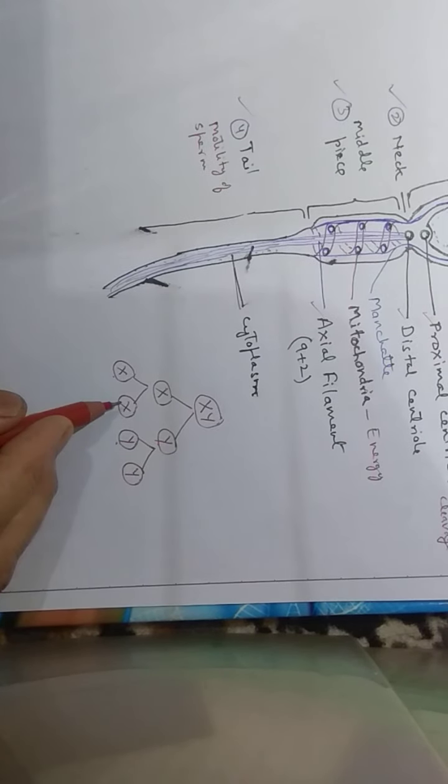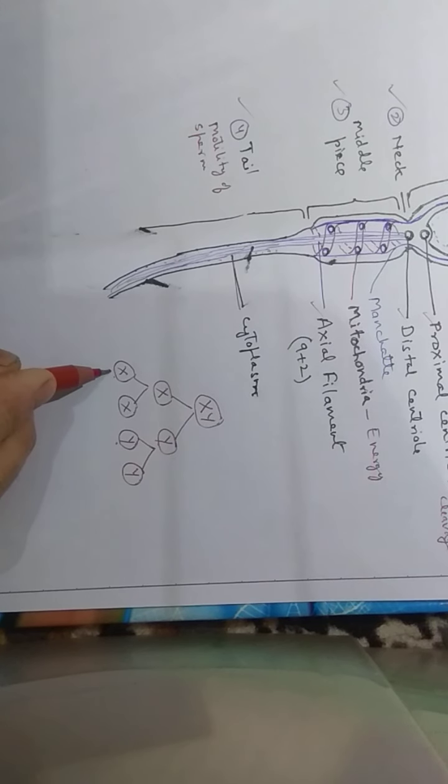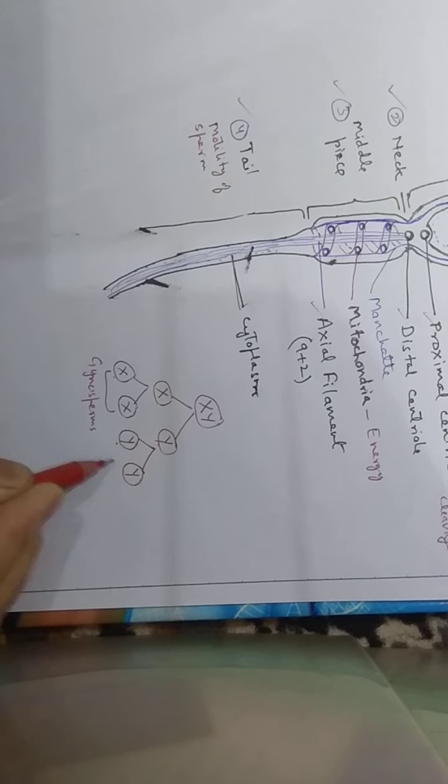So the sperm containing the X chromosome are named gynosperms, and the sperms having Y are androsperms.